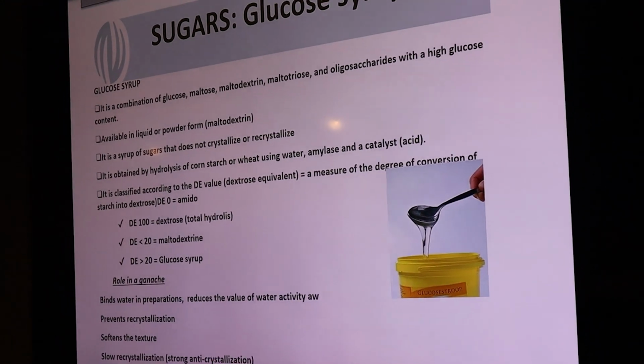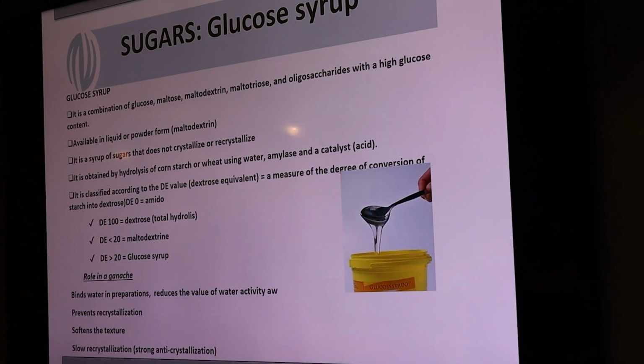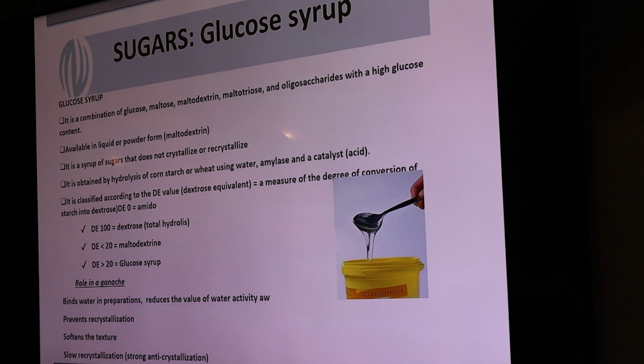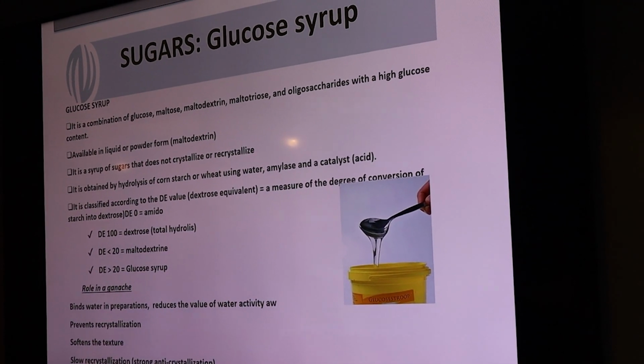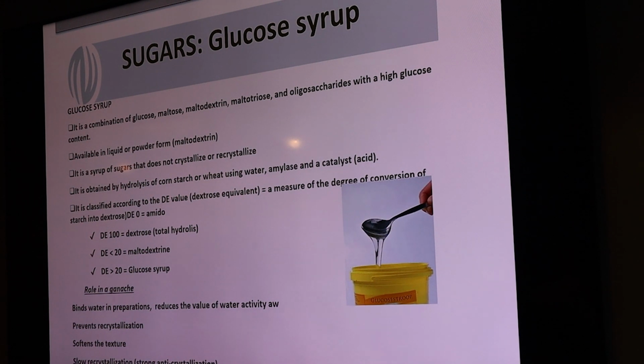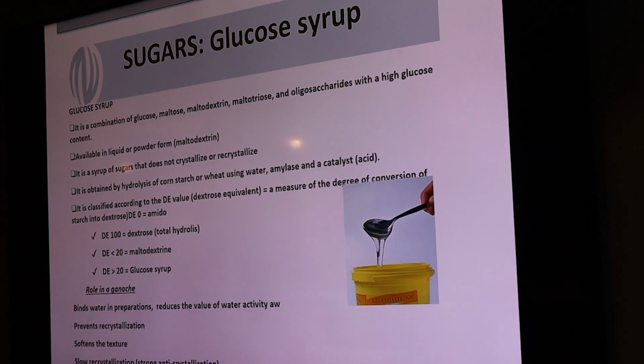It has a long tail, and if you, for example, use this to make a salty caramel ganache, you will have a very long ganache, which will not be that easy to pipe, because it's quite long.